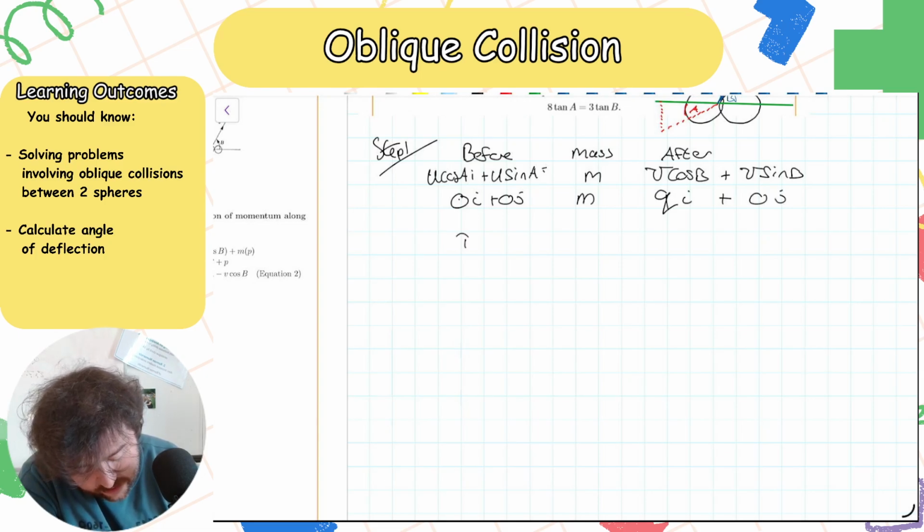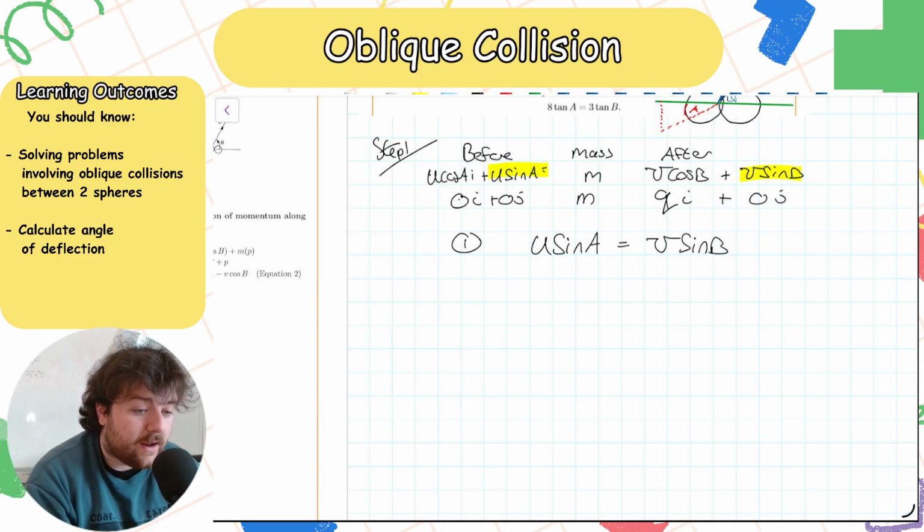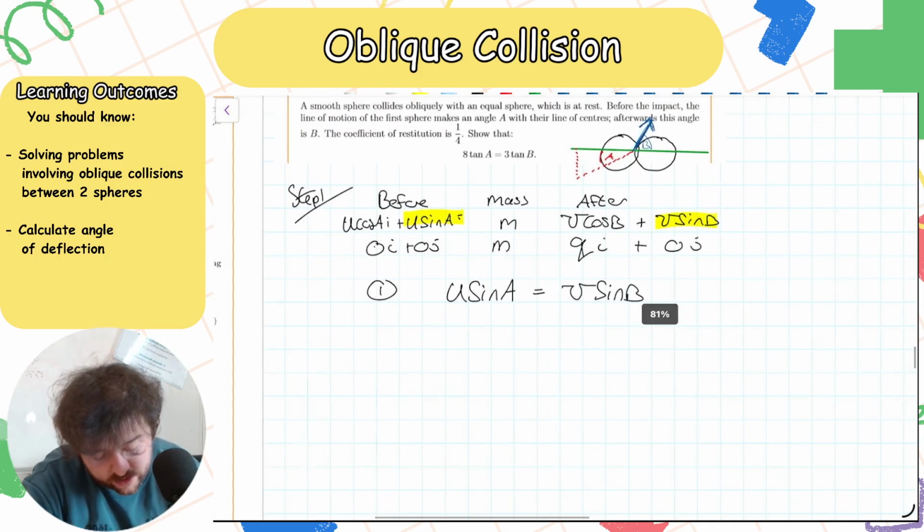My first equation: I know the j components don't change, so u sine A is equal to v sine B. That might come in handy later, so I'm making note of that.